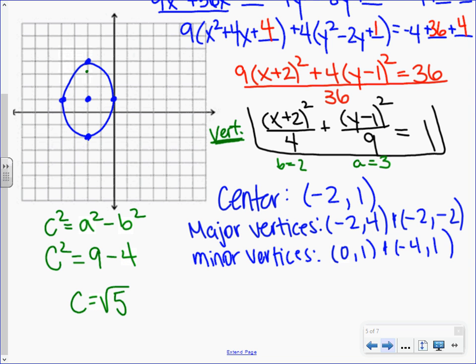And I know I just need to plot them a smidgen more than 2 away from the center. I took my center, -2, 1, and we moved up and down vertically, radical 5.